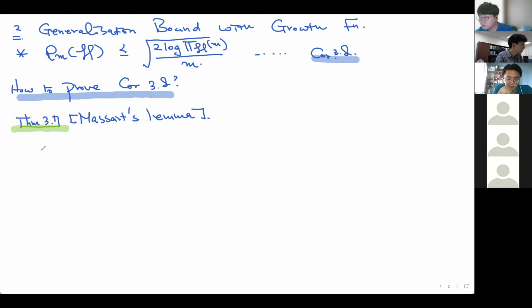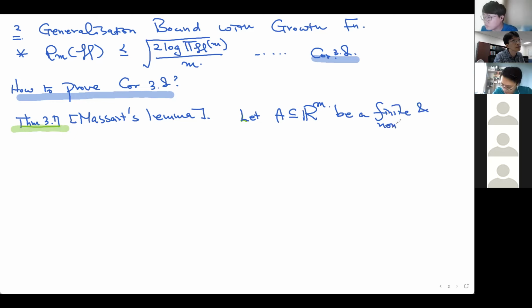It says that suppose A is a finite non-empty set of vectors in R^m.